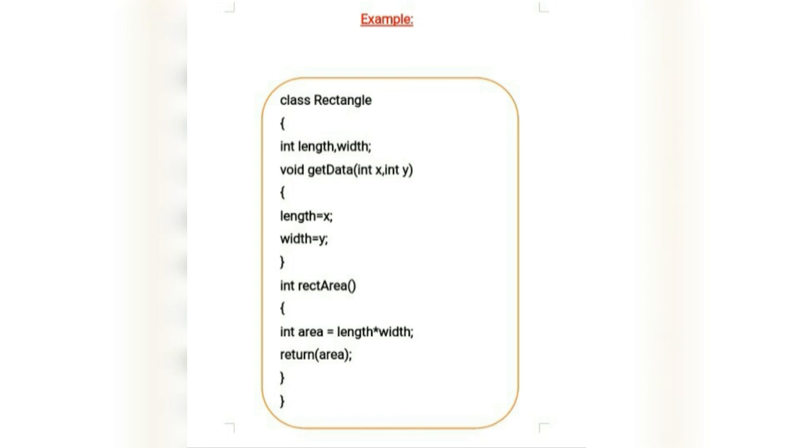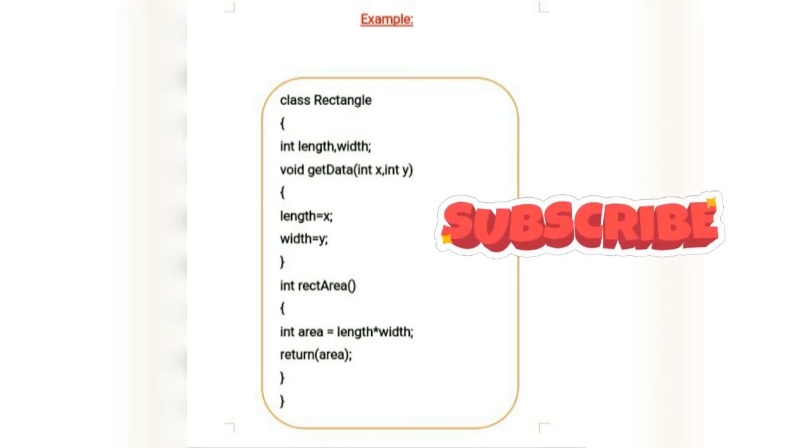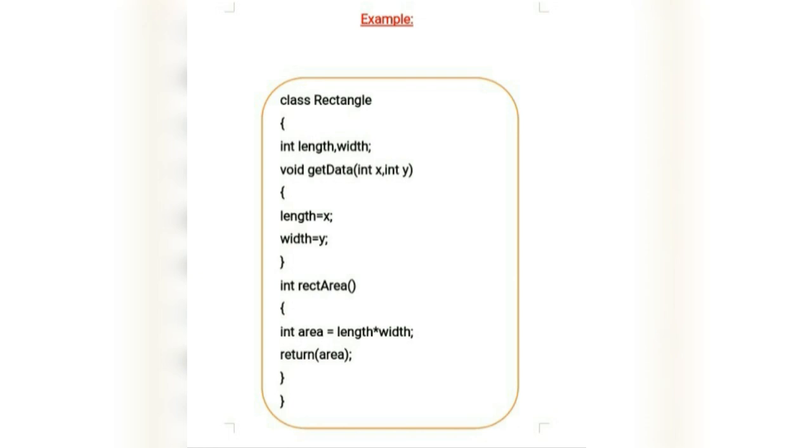Immediately after it, the second method we have taken is int rectArea, where the return type is int. Now why have I taken int here? If you see the body of the rectArea method, that is int area is equal to length into breadth.